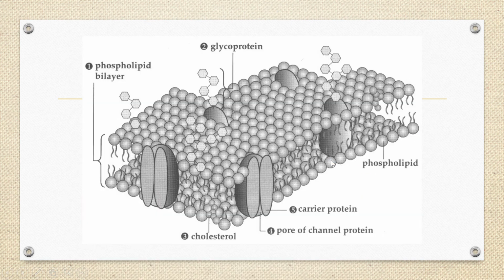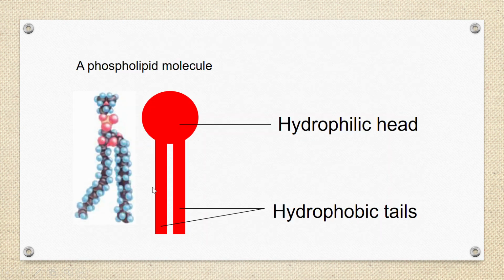Now let's look at another picture to show the structure of a plasma membrane. So mainly phospholipids, and embedded in between these phospholipids are those proteins. Okay, let's look at a phospholipid molecule.